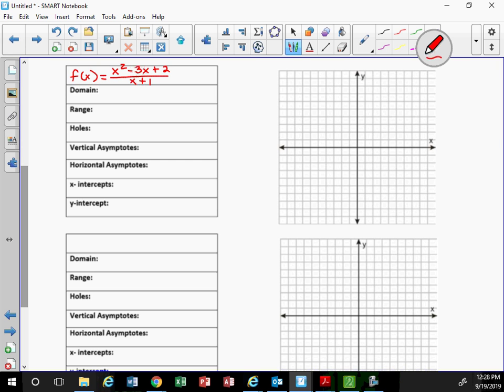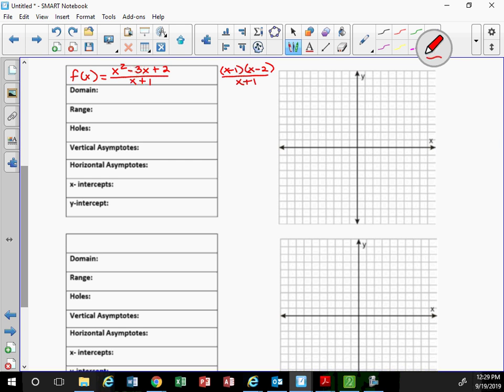So we can go ahead and factor that. What does the numerator factor into? x minus 1, x minus 2, right? Over x plus 1. Okay, so nothing reduces. That's okay. That's still going to help us as we graph.